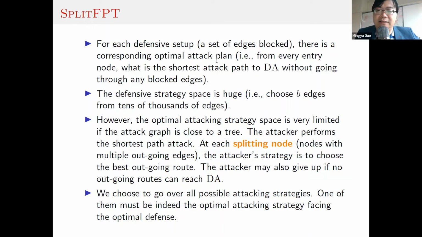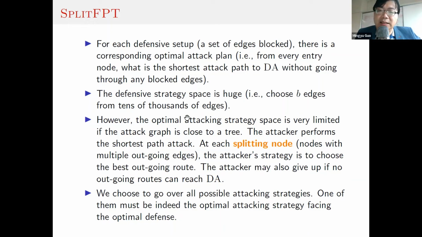After I set up the blocked edges, the attacker would attack via the shortest path. We assume the attacker is just doing this best response. The defensive strategy space is huge because we need to choose B edges to block from tens of thousands of edges. And that is a very large search space.